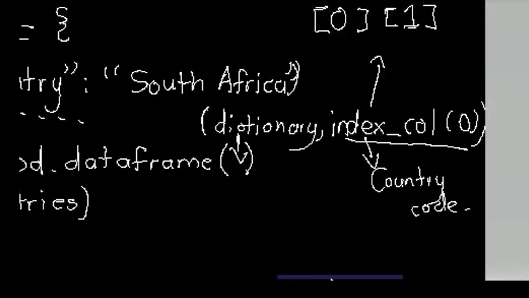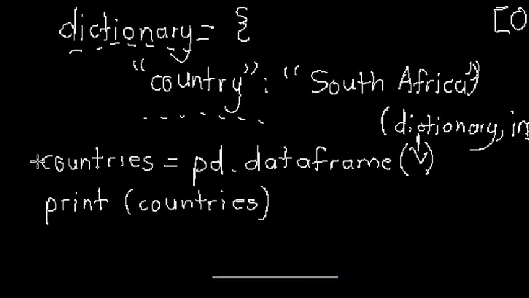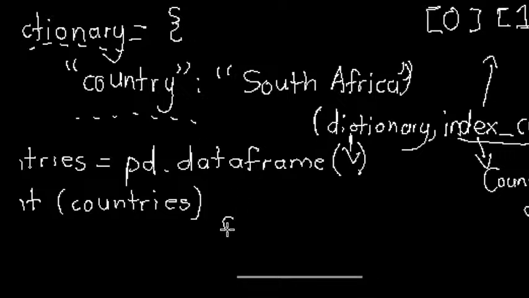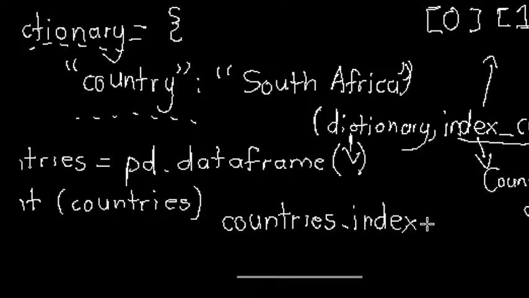In this case, our variable is countries. This is our variable name for our data frame. And maybe it's not in your CSV. You could say countries dot index and then put in your custom index names like BR, US, and so on.